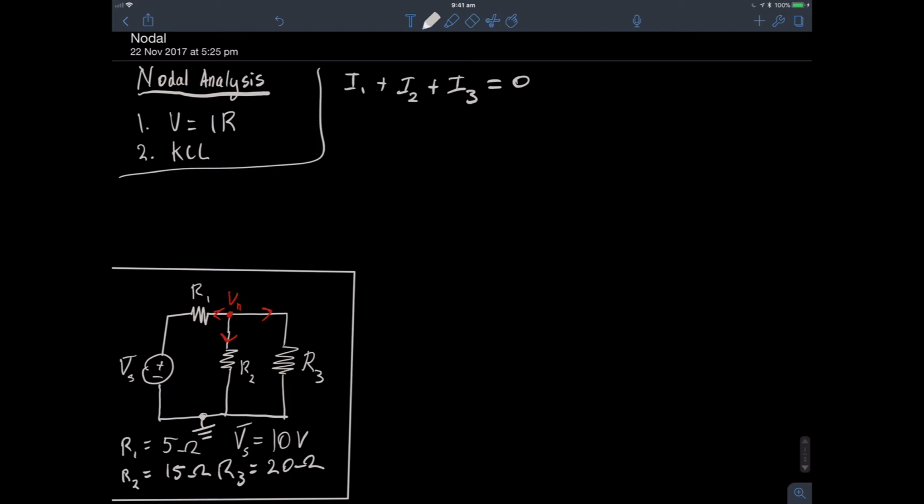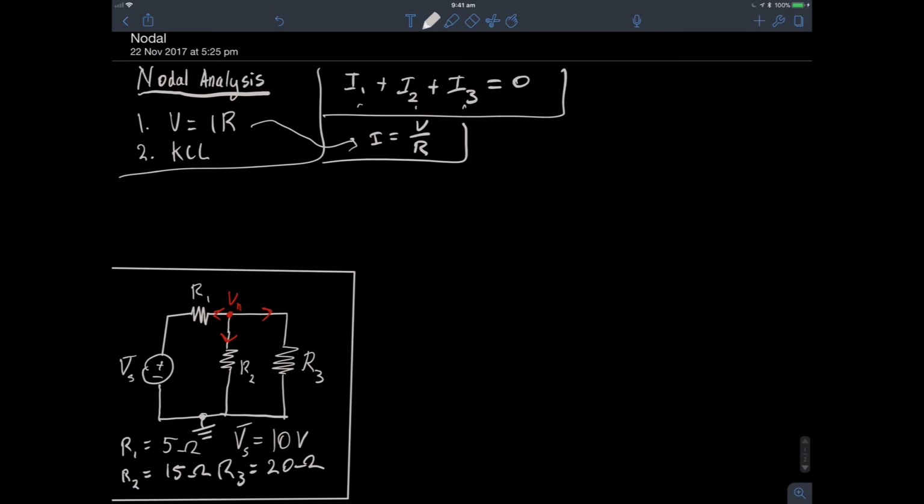So now, using Ohm's law, we're going to convert each of these three currents into terms of voltage and resistance. Basically, using this law, we get current is equal to V on R, right? That's just rearranging that. And remember that voltage is a difference between 2 points.